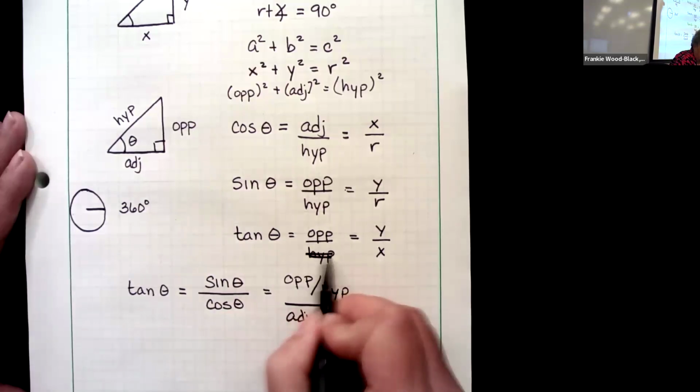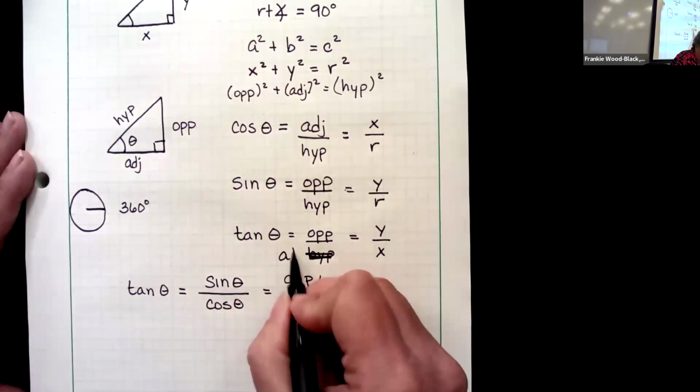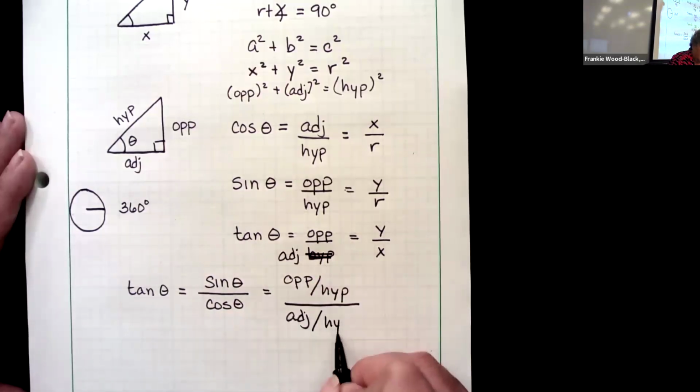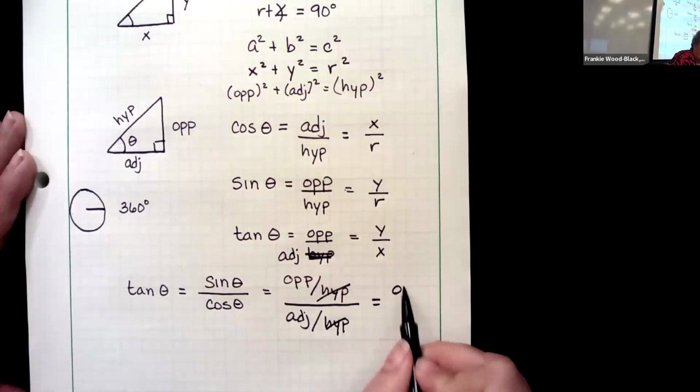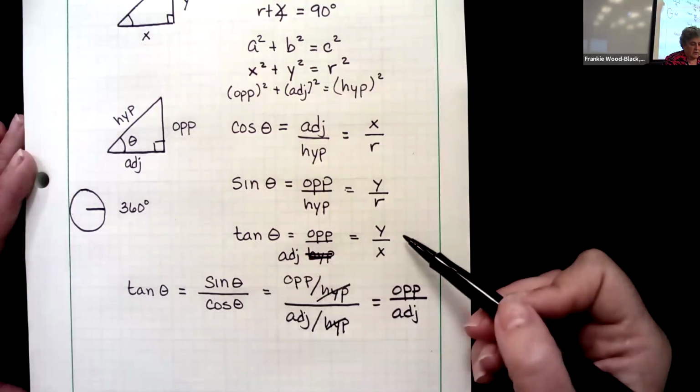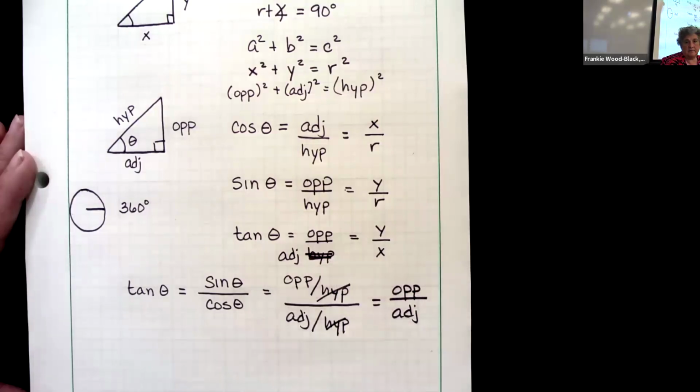Oops, sorry, I wrote down hypotenuse, that's adjacent over the hypotenuse. These cancel and I get opposite over adjacent. So I can use it this way, I can use it that way.